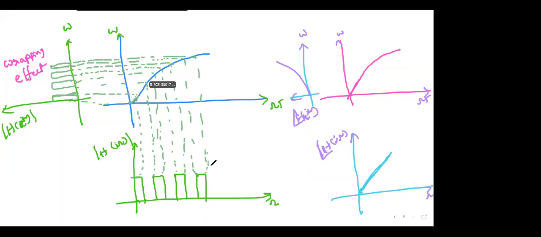Yes, sir. Okay. See, there is a remedy in the bilinear transformation to overcome this warping effect. That is called pre-warping. Pre-warping, you can say.